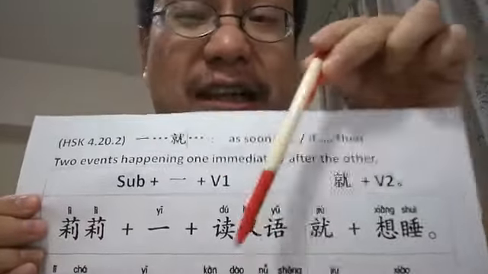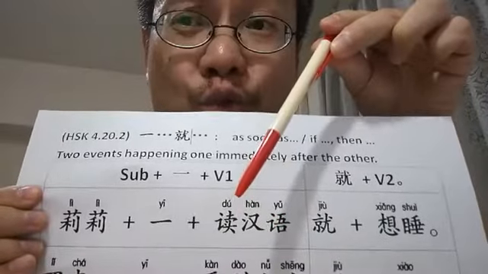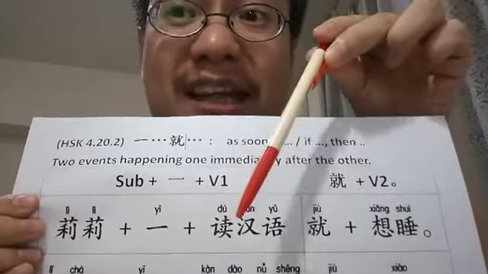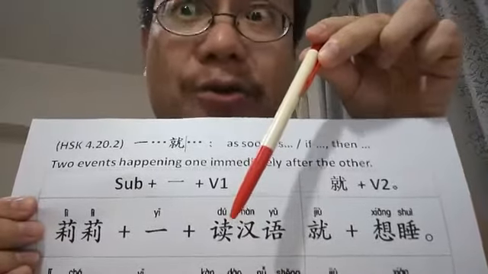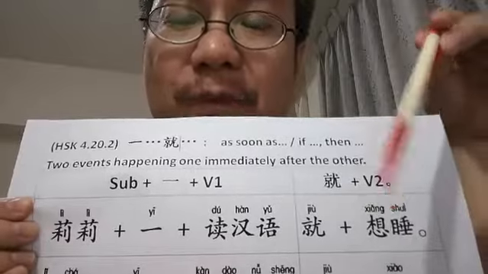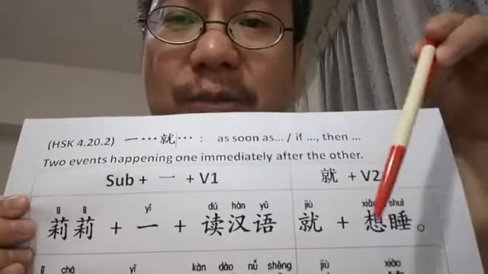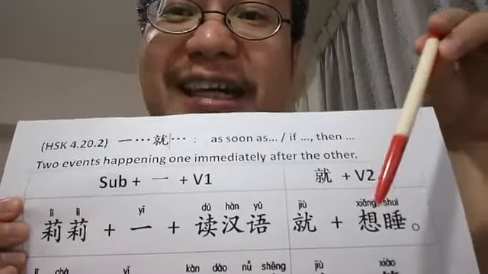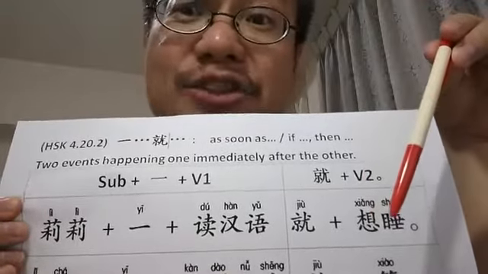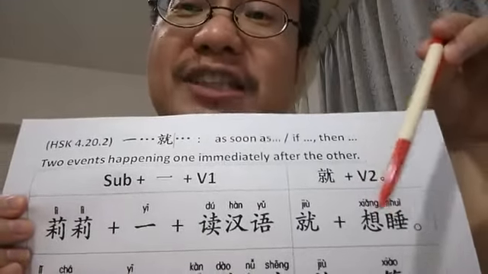You can see the verb here: 读, read. 读汉语 is like study Chinese or learn Chinese. And 就 plus verb 2: 想睡. 想 means want to, 睡 means sleep, want to sleep.